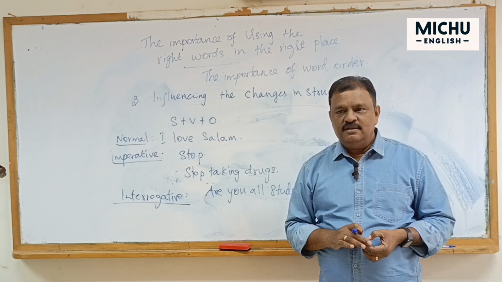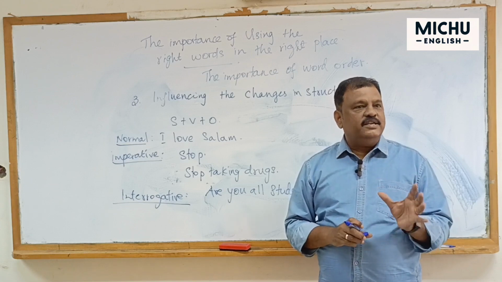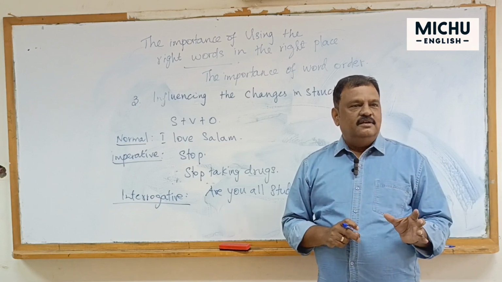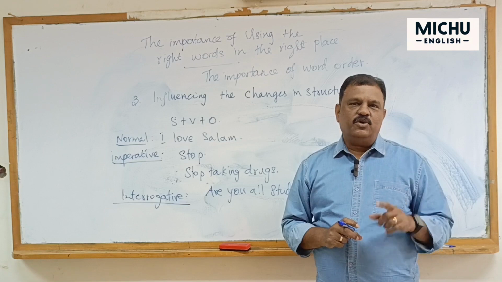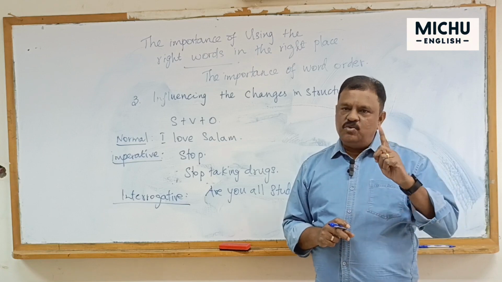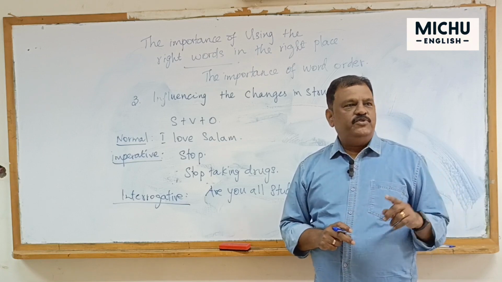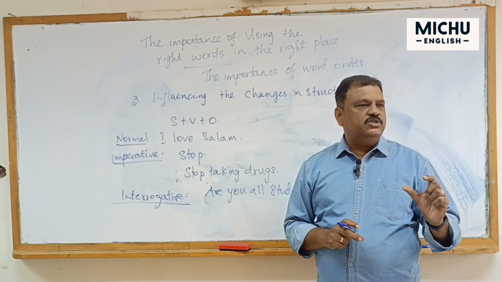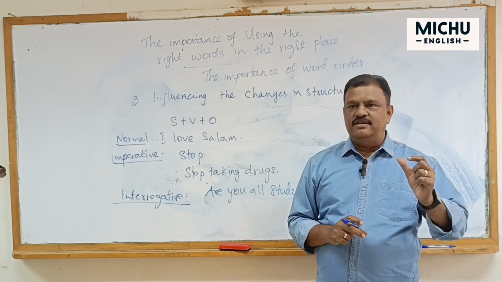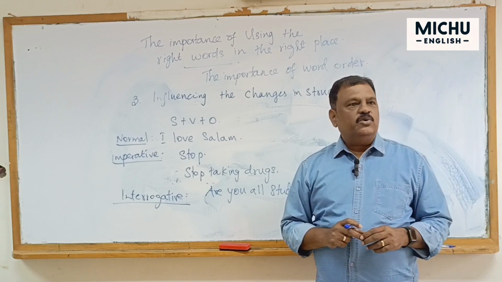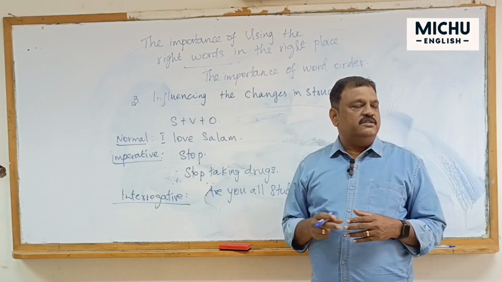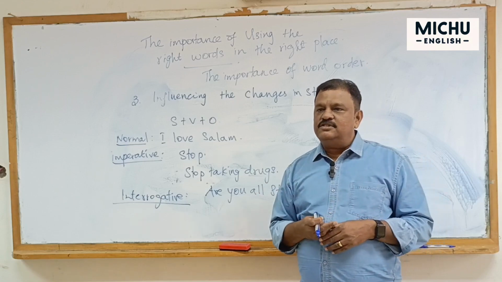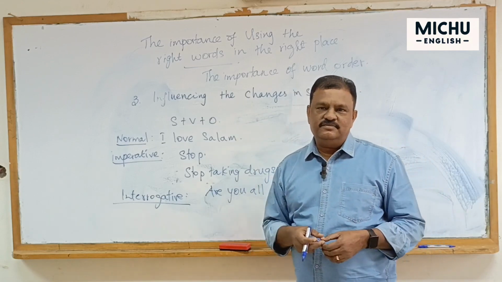Do you understand? So you should know exactly how to write in the right way. If you are going to ask a question, you should know how to start. If you are going to write a normal sentence, you should know how to start and end. If you are going to write an imperative sentence or an exclamatory sentence, you should also know how to write.